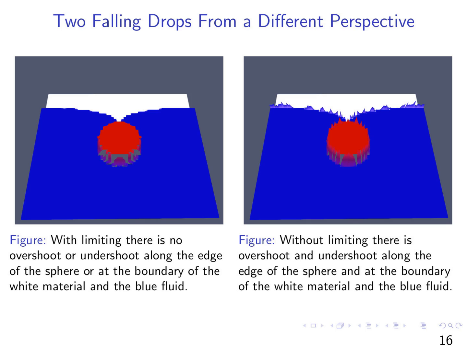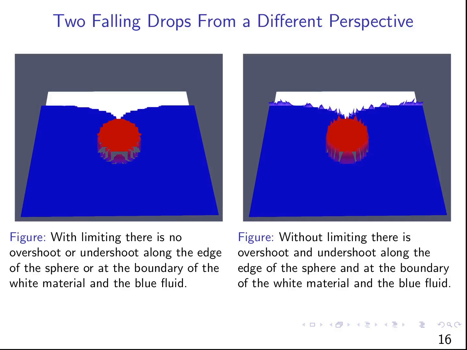There are all sorts of spots in there where you can see the red pointing up and into or above what it should be, and the same with the blue at the boundary of the blue and the white. So we can really point out that it overshoots significantly, and it undershoots significantly as well.